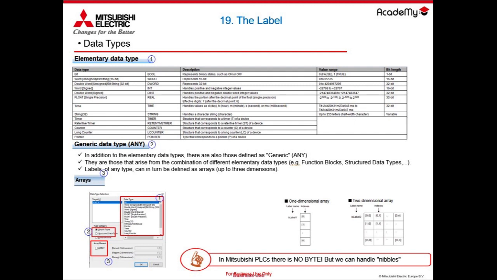Boolean, so a bit; word, 16-bit with a representation of 0 to 65,535; double word; an integer, so from minus 32,768 to 32,767; a bit used for the segment; double integer; real, and so on, up to, for example, define pointer, timer, and strings.